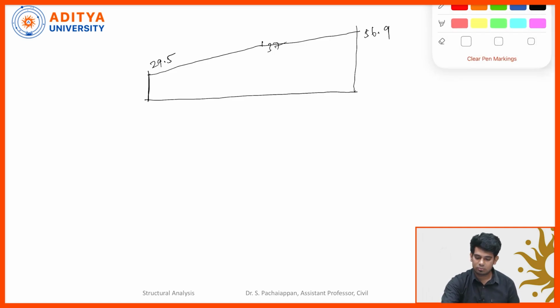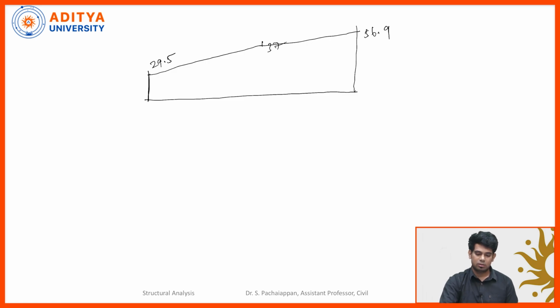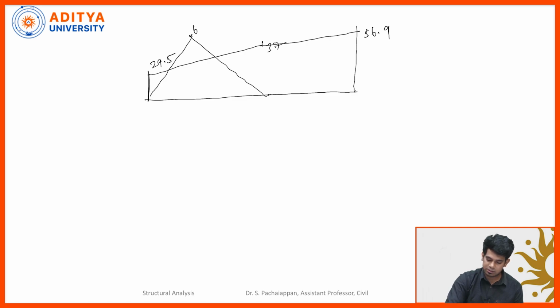So now we are going to superimpose the positive bending moment diagram which you have already drawn. So this ordinate is 60 and this is, I hope it is 75, yes, it's 75 kilonewton meter.